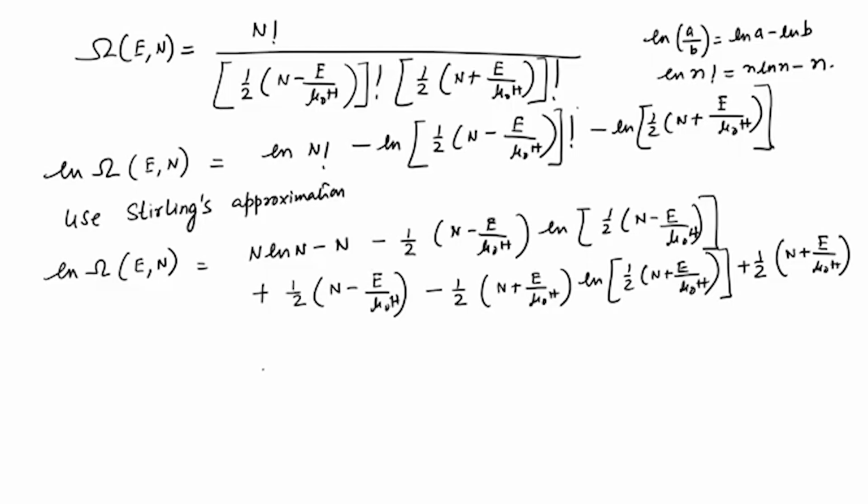Now, you see that there is a term which is n, and then there is a term which is half n and half n there.